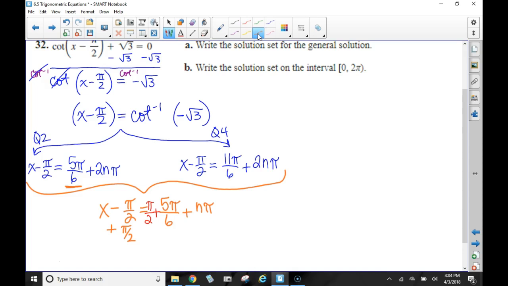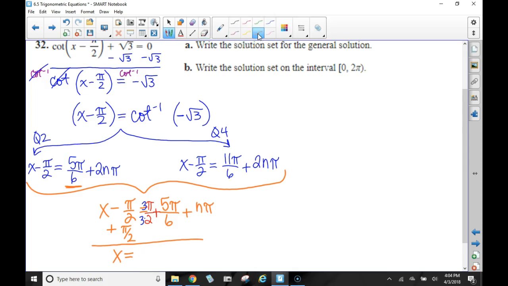Okay? So what we end up with is x is equal to, and again, I've got to build up my fractions. So there's 3 pi over 6 plus 5 pi over 6 gives us, that'd just be 8 pi over 6, wouldn't it?